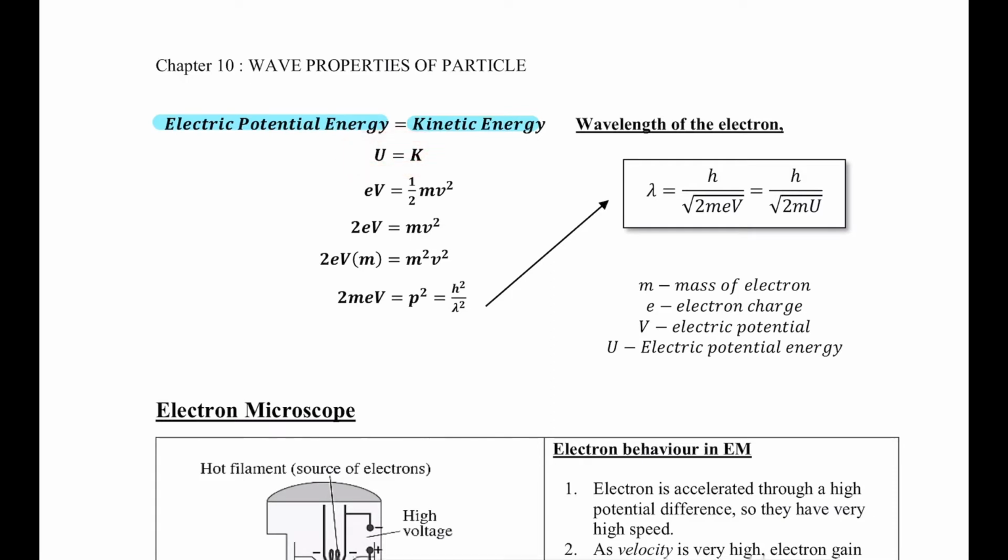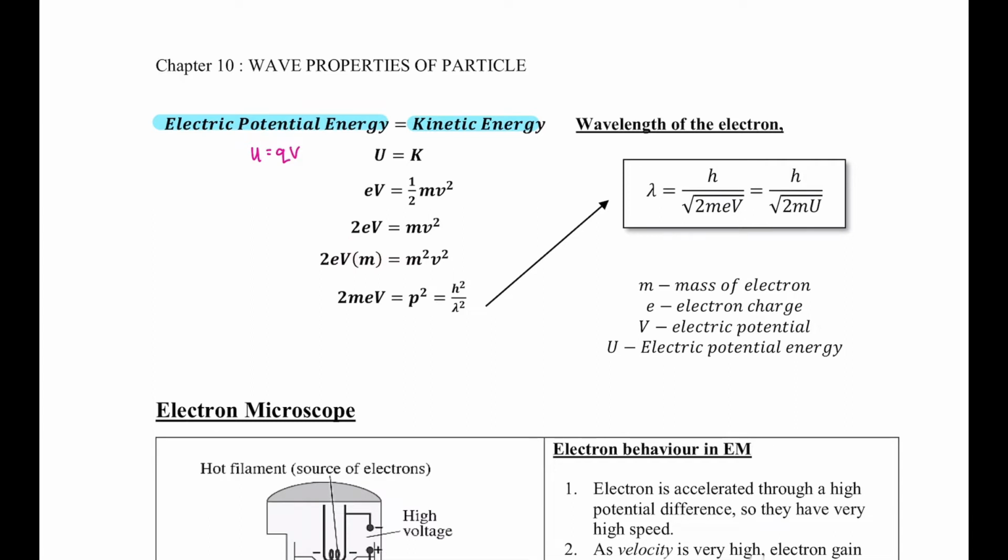Okay, so kalau U ni, kalau ingat balik, U ni adalah QV. Okay, sebab Q kita is the charge of the particle which we are using, electron. So U equal to eV. So half mv square. Ni mass electron lah. So kita gerakkan 2 ke atas. So 2eV equal to mv square. So I times both sides by m.